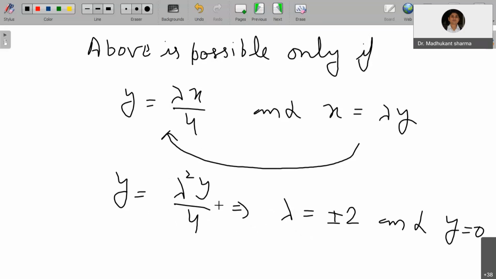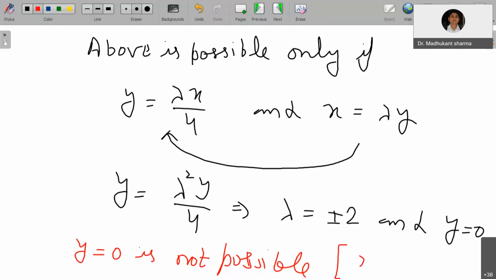Now, y equals 0 is not possible. Why? Because if y equals 0, then x is also 0 because of the second condition. So you have the point (0, 0), but that will not lie on the ellipse.